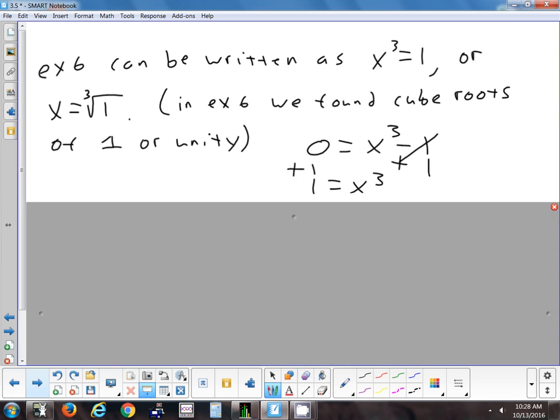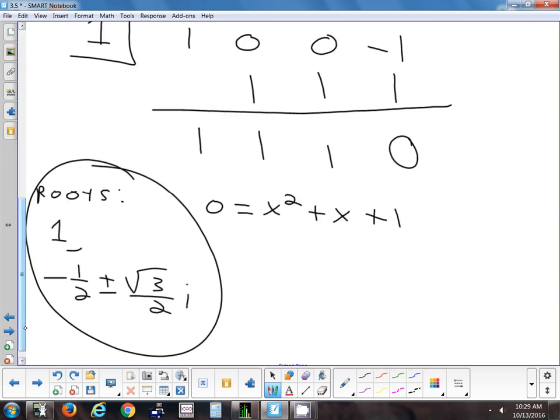To solve this, you would take the cube root of each side. In the last problem, we solved this equation. So what we did is we found all of the cube roots of the number 1. And there's 3. 1 is a cube root. Negative a half plus root 3 over 2i, and negative a half minus root 3 over 2i. Those are the cube roots of the number 1.